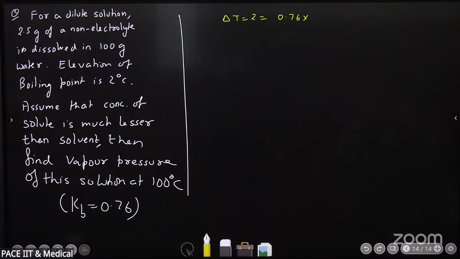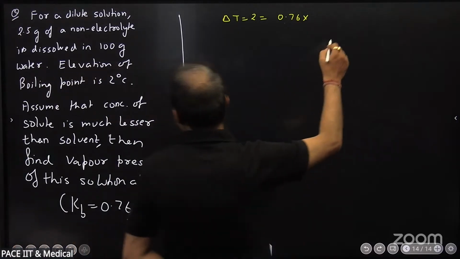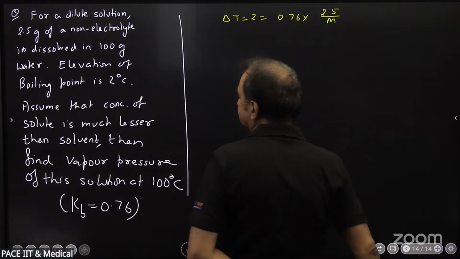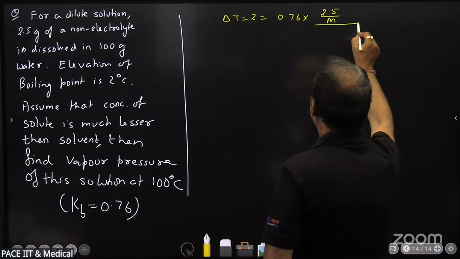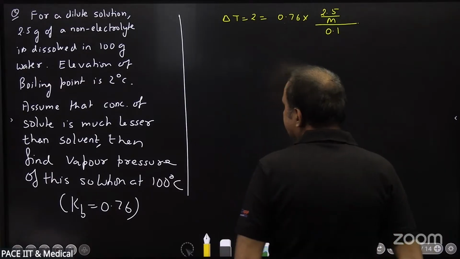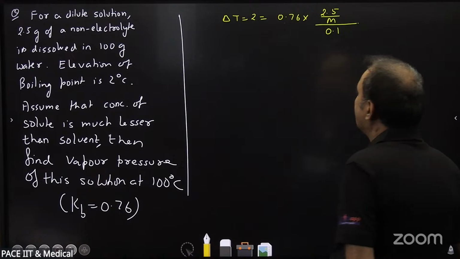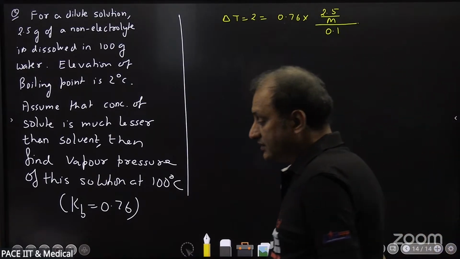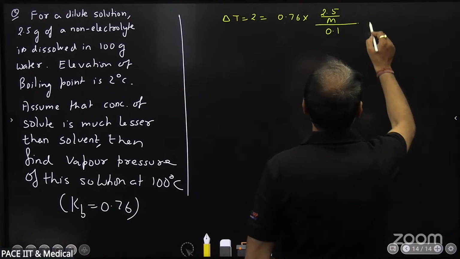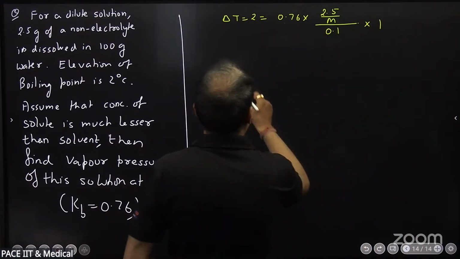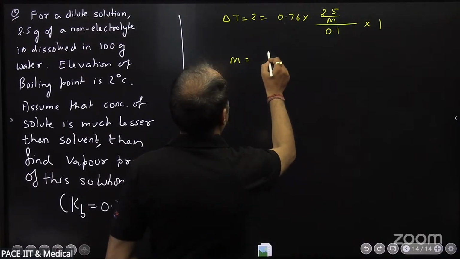Mass is given, correct? So 2.5 by molar mass upon the mass of solvent in kgs, 0.1. And we are given that it is a non-electrolyte, meaning it is not dissociating into ions. So Van't Hoff factor is 1.